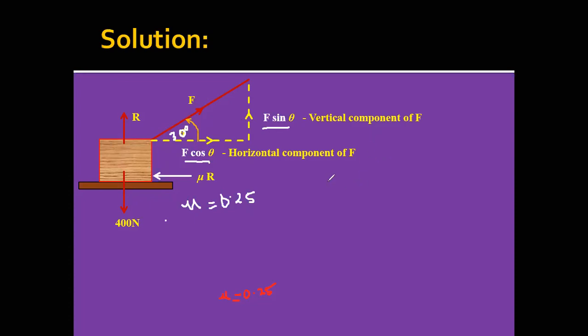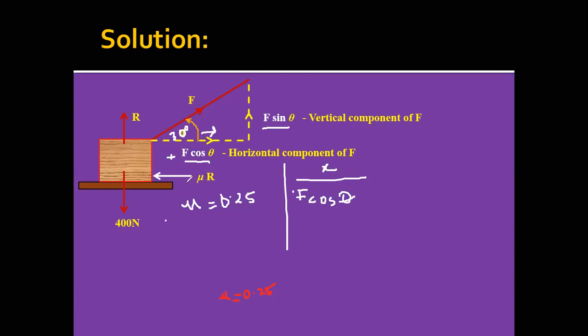Okay, good. So we can have the equation first. Let's have the x component. What do we have? We have F cos theta, and then take into consideration the direction. F cos theta is positive because it's going to the right. Take note of that.